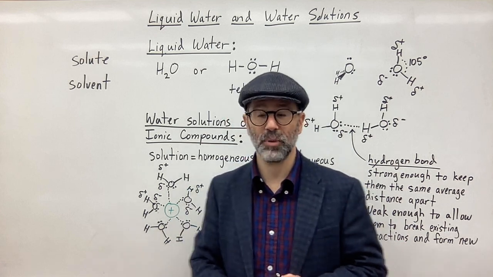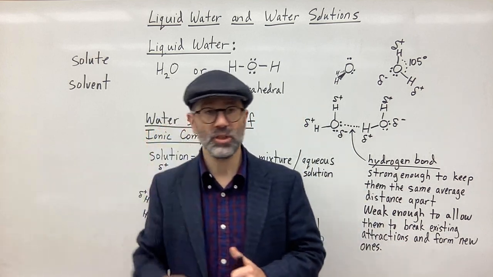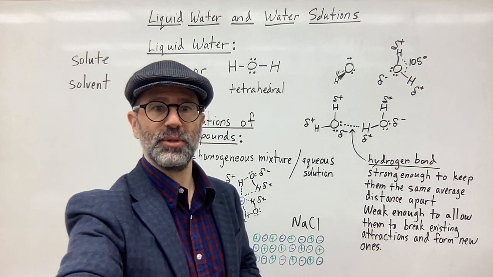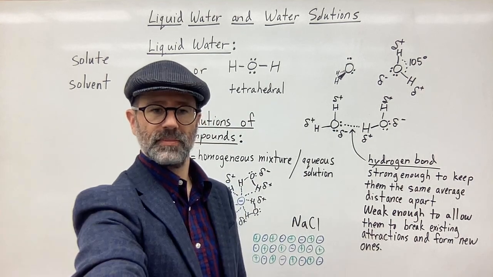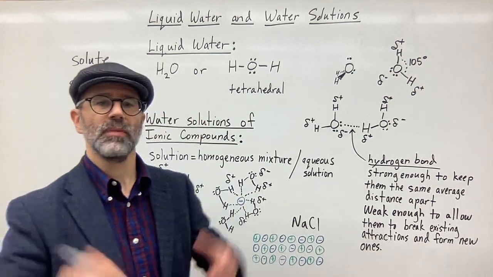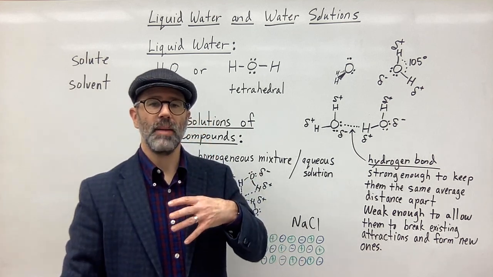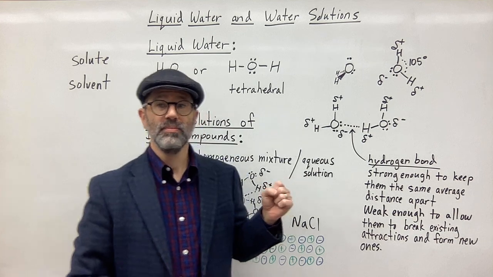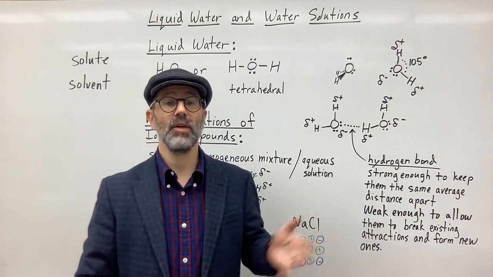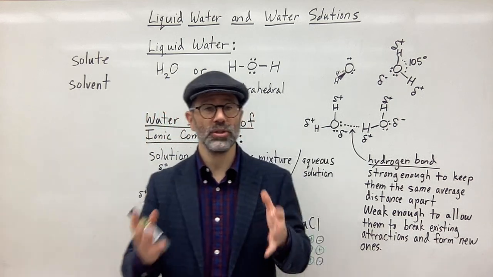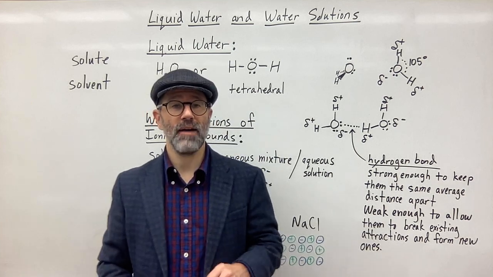So for example, what's a good example? Let me think of a good example. Yeah, so here's an example. Let's say I'm mixing pentane with hexane, so two nonpolar substances, right? So I have pentane.